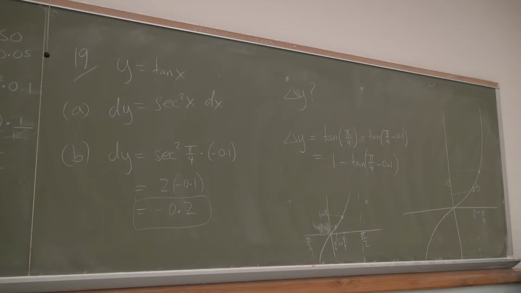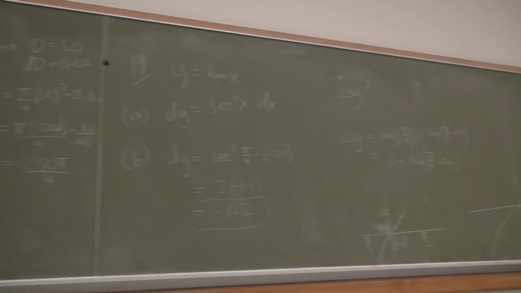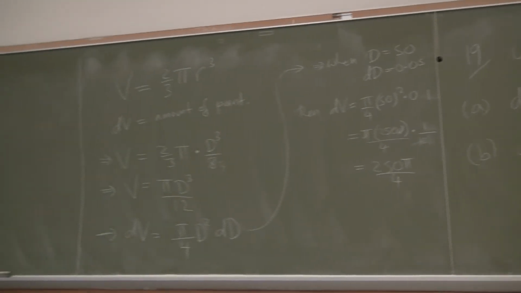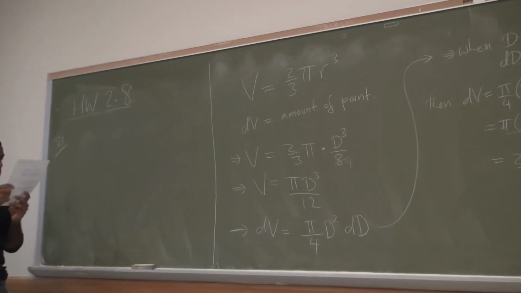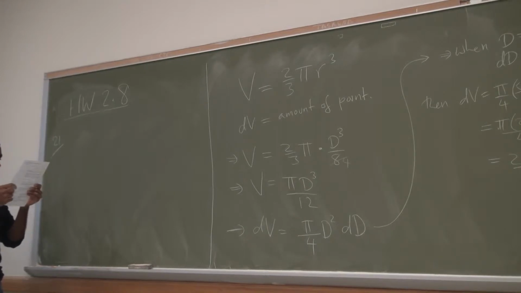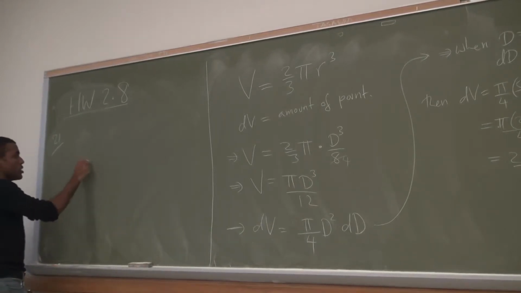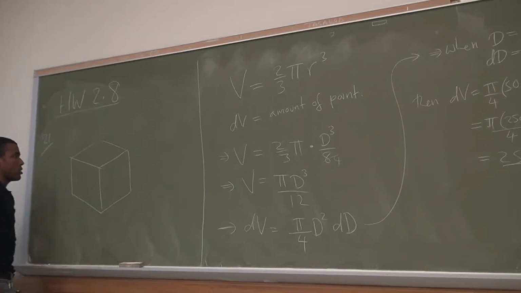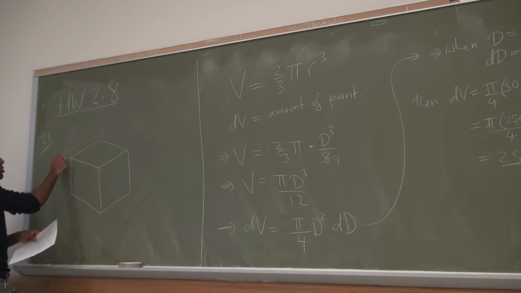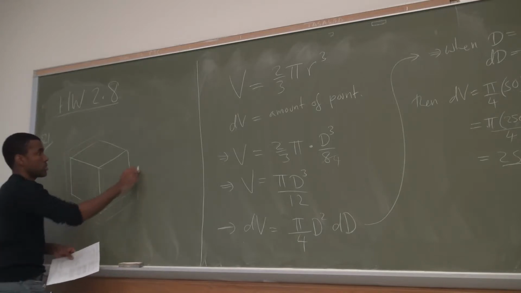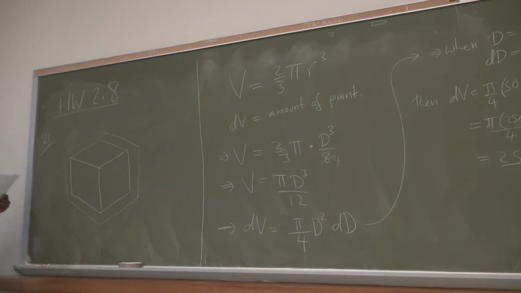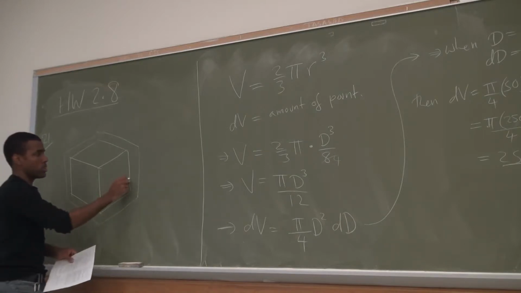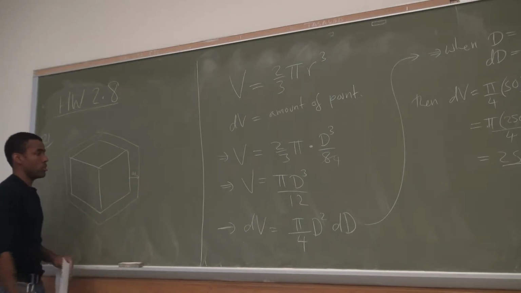Number 21. So we have a cube, and there is some error around this cube. So, with a positive error, this distance here is 0.1.